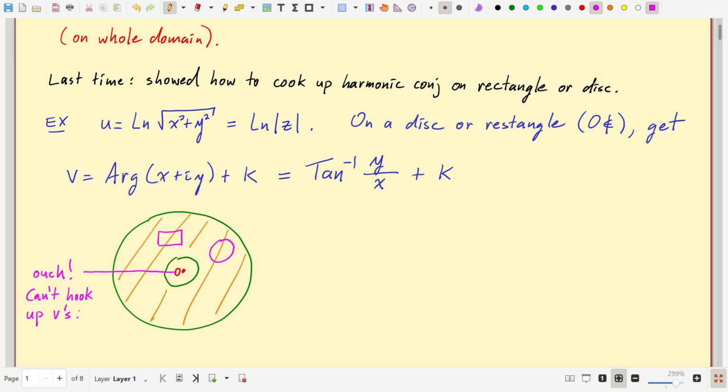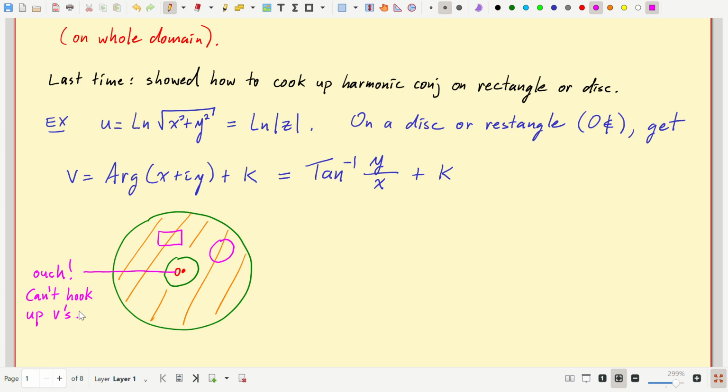Questions about that? Yeah. Could you reiterate how the hole causes the hooking of the v's? I think I got a little lost. Well, remember we had to say the principal argument was the angle between minus pi and pi. And along the negative real axis, that's where it fights for who gets that.